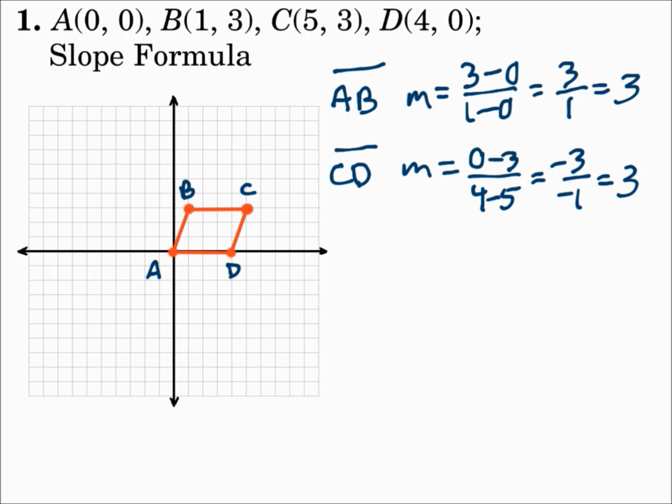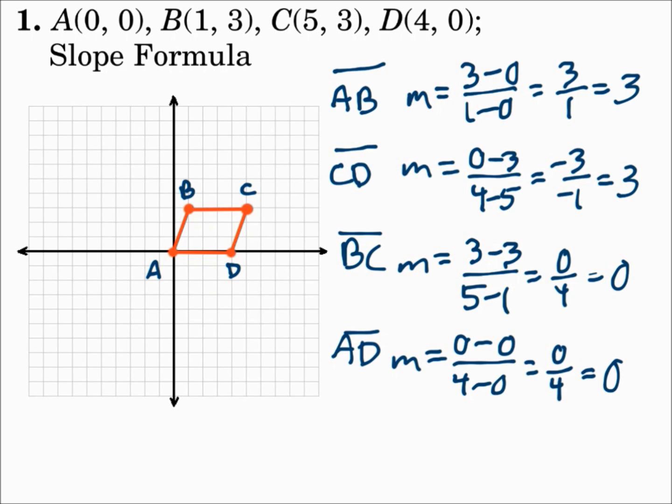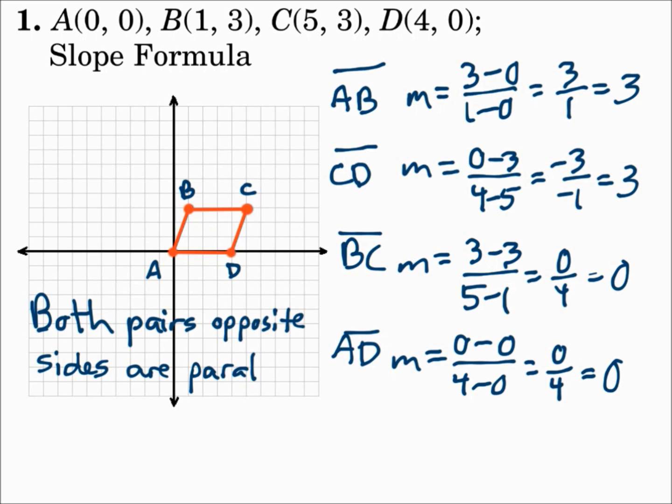So they're parallel. For sides BC and AD, they each had a slope of 0, which is the same, so those sides are parallel. So both pairs of opposite sides are parallel. So yes, it's a parallelogram.